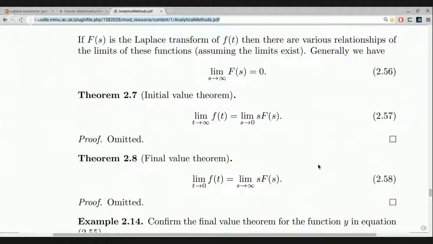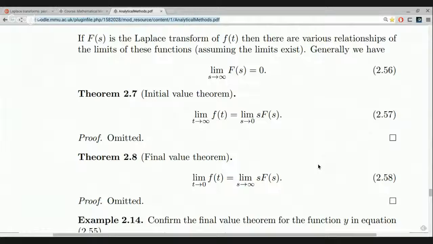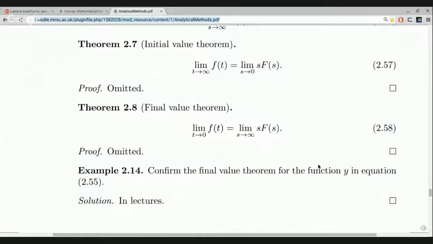And secondly, the final value theorem kind of has the limiting variables going in the opposite direction. So this time we're taking the limit as s goes to infinity of s times the Laplace transform of f. And this asserts that this limit is going to be equal to the limiting value of the function f as t goes to 0.